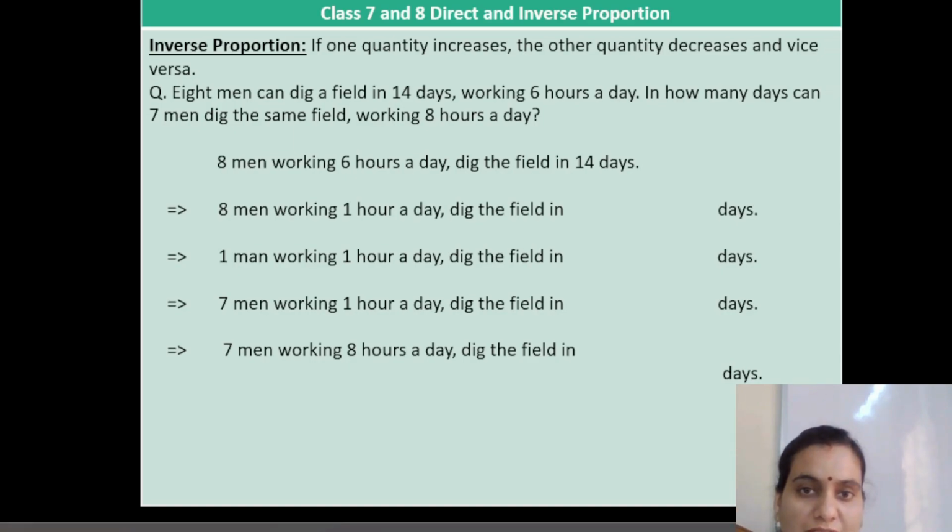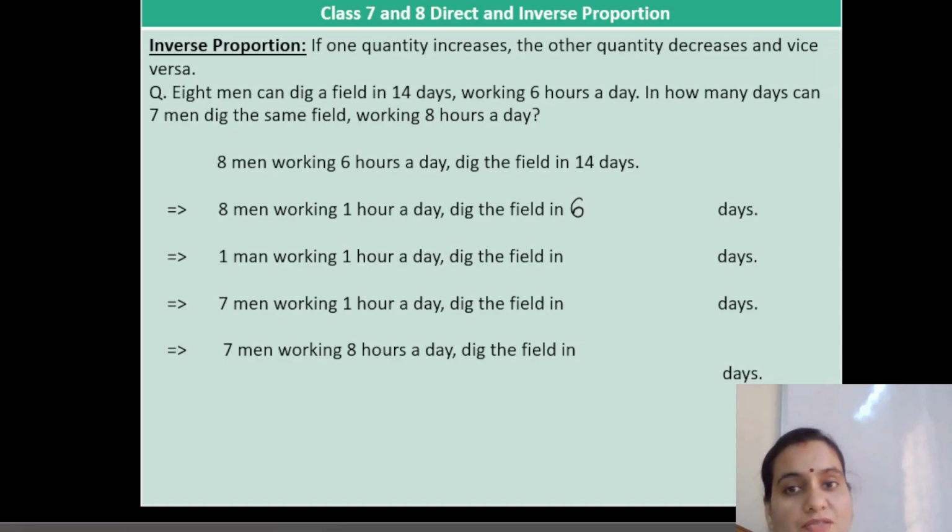So what is the given thing we have written here? 8 men working 6 hours a day dig the field in 14 days. So 8 men, if they work for 1 hour a day digging the field, how much time will they require? Definitely they will require more number of days because they are reducing the amount of work in a single day.